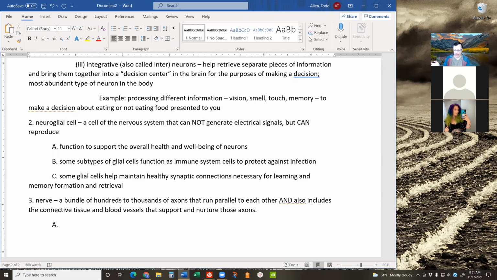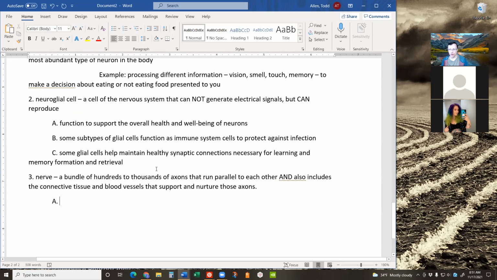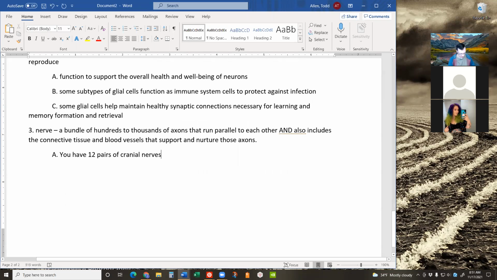Okay. Now, in lab, right? In your word bank, you have cranial nerves that you're going to have to know for your third lab exam. You have 12 pairs of cranial nerves that come out of the brain, okay? These are part of your word bank responsibility for the third lab exam.